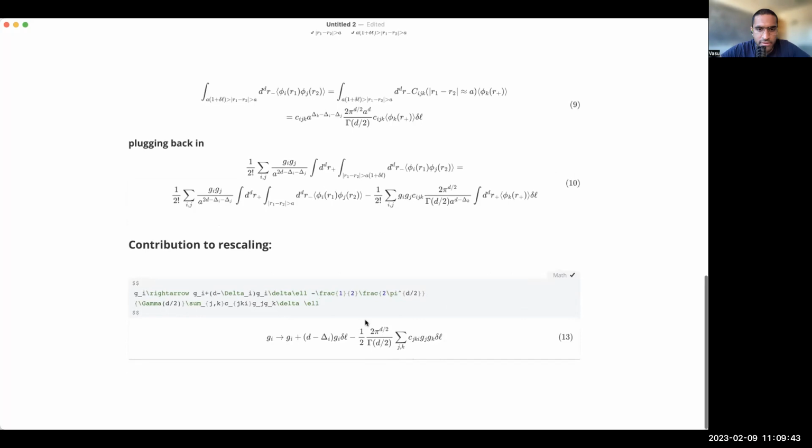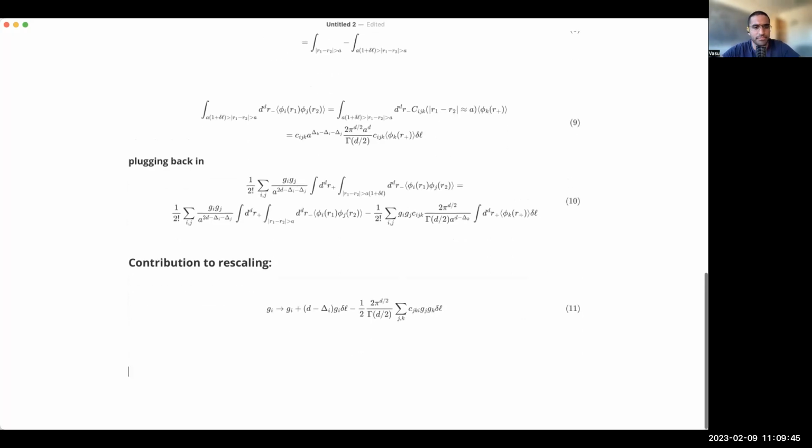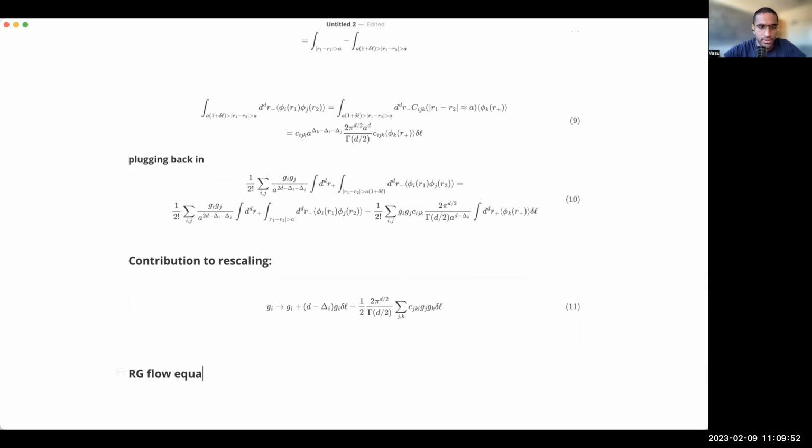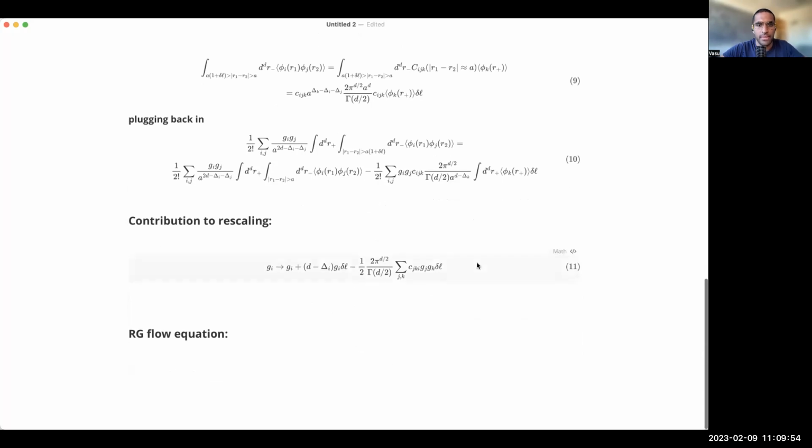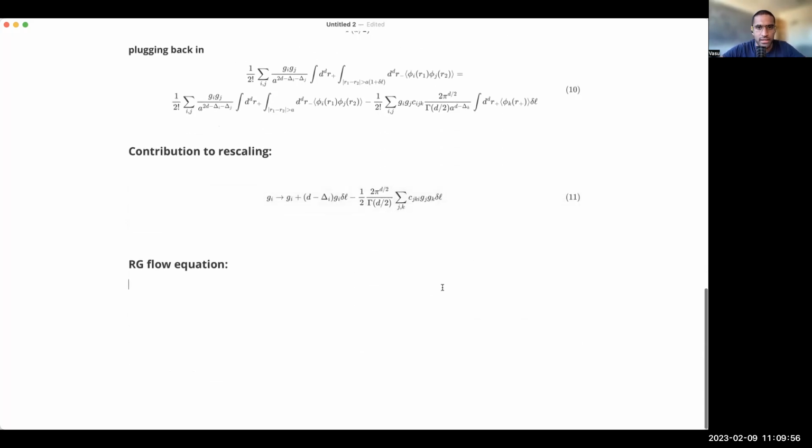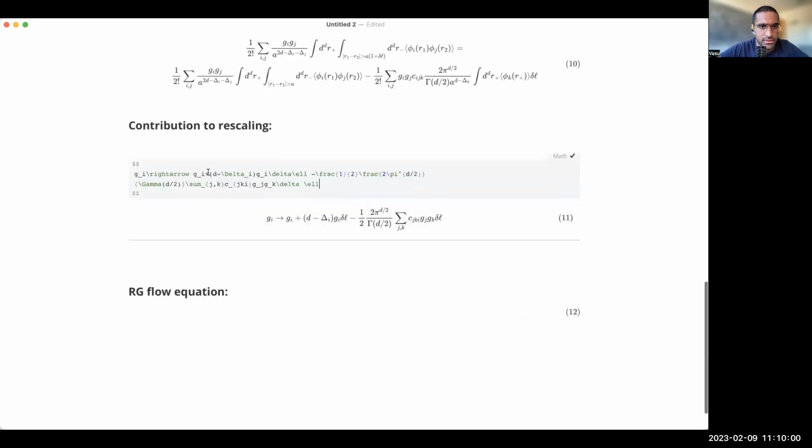Okay, so now we have an expression for our running coupling, right? So now we can write our RG flow equation. And in the RG flow equation, we see that, okay, so here too we have a sum.